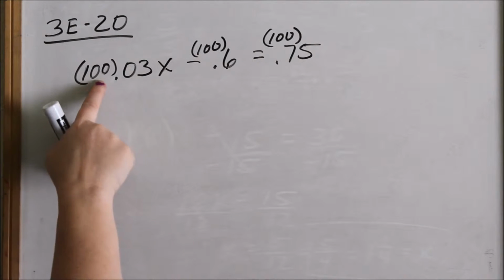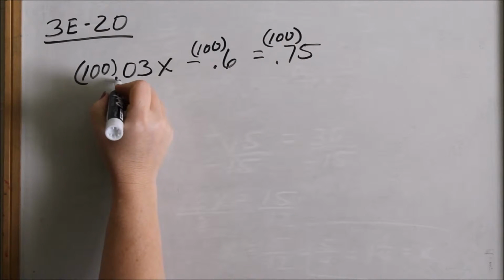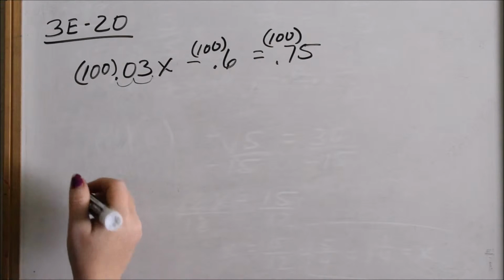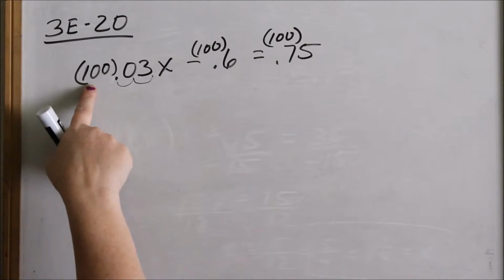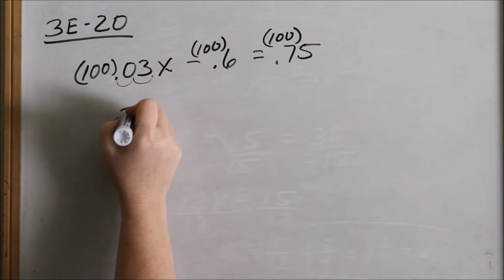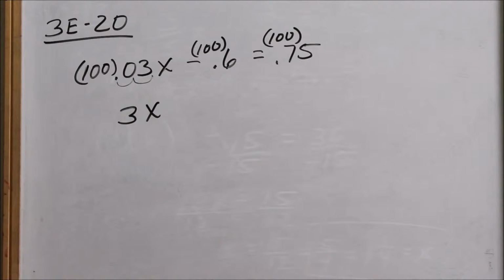I just said that multiplying by 100 will move my decimal place over 2 times. If you don't believe me, you can do it in your calculator. 100 times 0.03 is just 3, and then I still have my x.